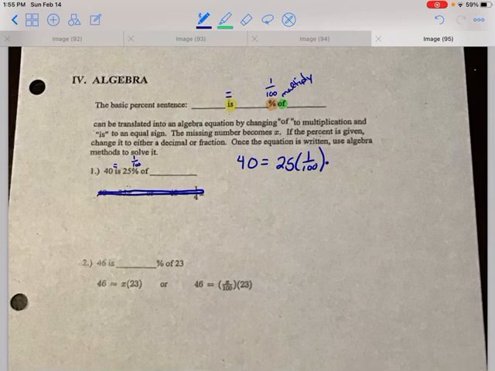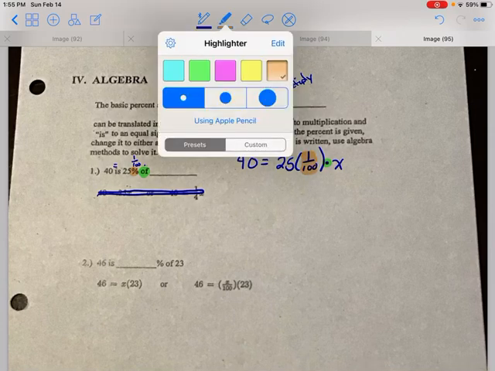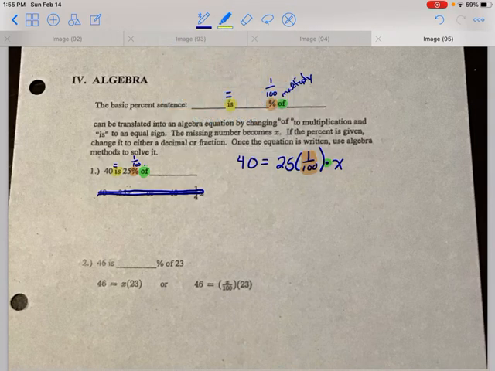And then the of becomes a multiply, and wherever your blank is, that's your x. So if I go back through, your of became this multiplication symbol right here. I'm working backwards. Your percent became 1 over 100, and your is became your equal.